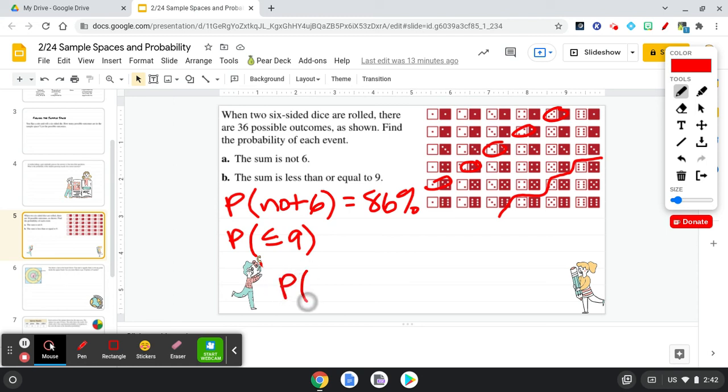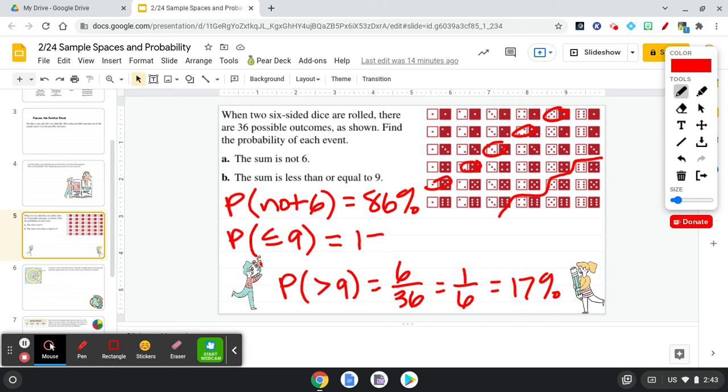So the probability of greater than 9, which is the opposite, is 6 out of 36, which is 1/6, which is about 17%. That means the probability of everything else, which is to say less than or equal to 9, is 1 minus 1/6, aka 5/6, or about 83%. So about 83% of the time, you'll get a 9 or less.